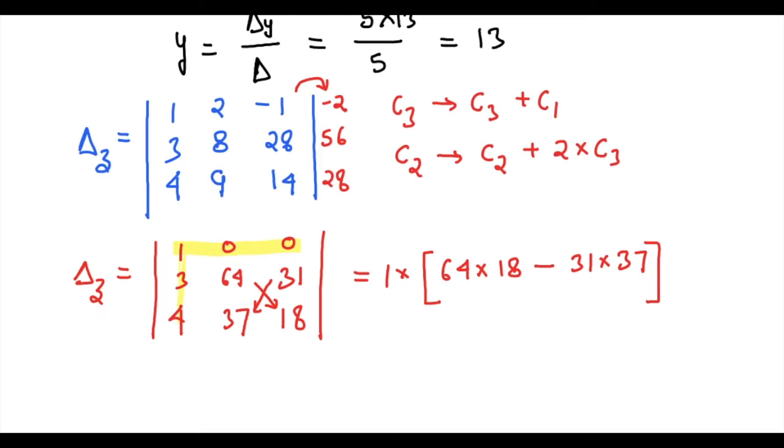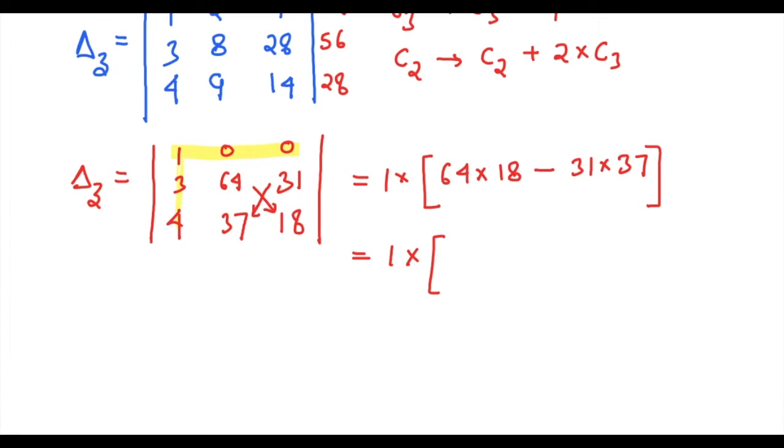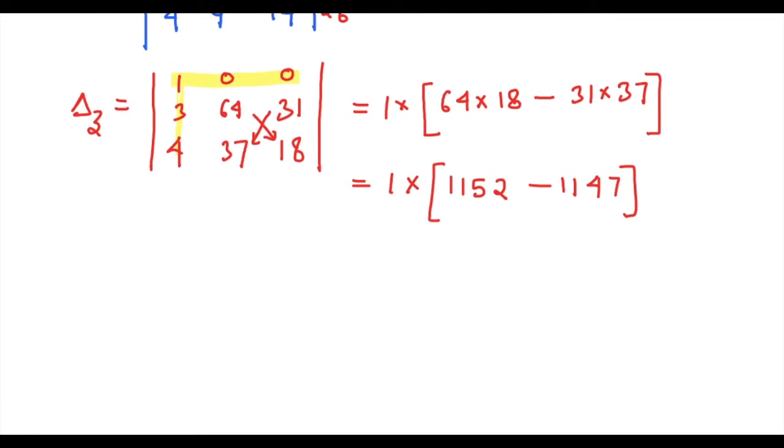So now just solve it. 64 into 18 minus 31 into 37. Here we'll get 1152 and here we will get 1147. Just multiply and check.